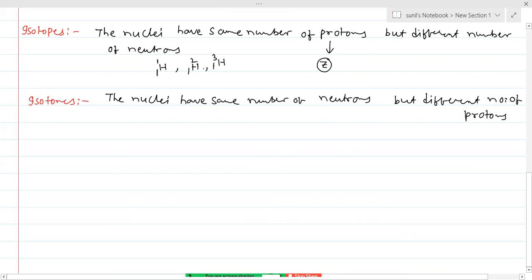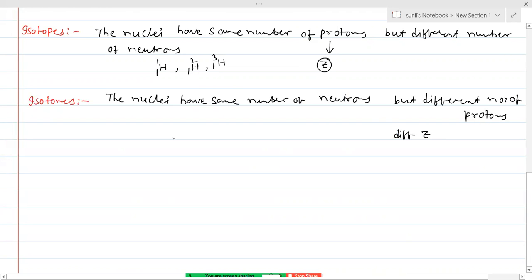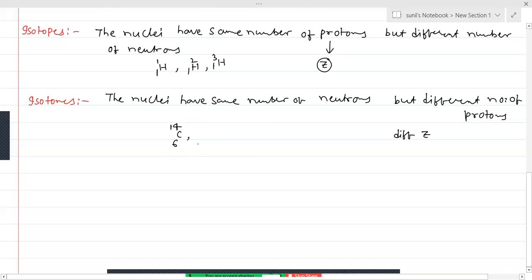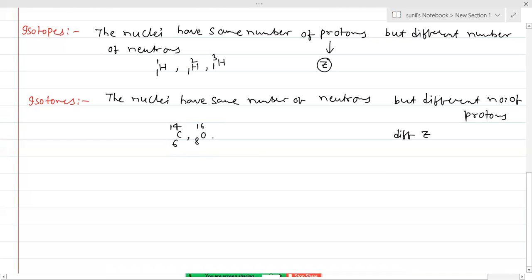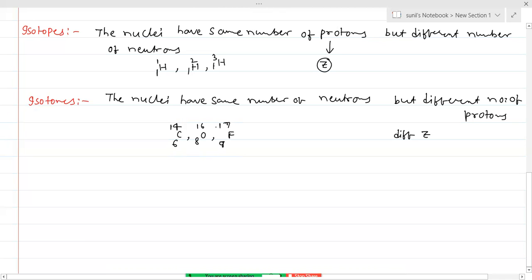For example, 6 carbon 14, 8 oxygen 16, or 9 fluorine 17. This is the example for isotones.